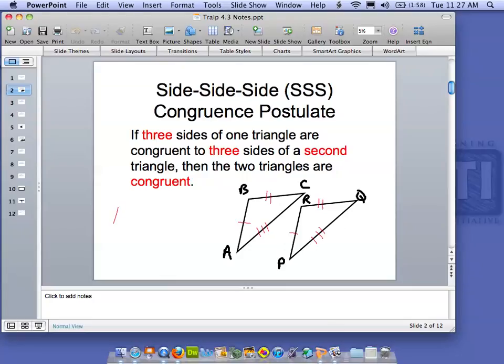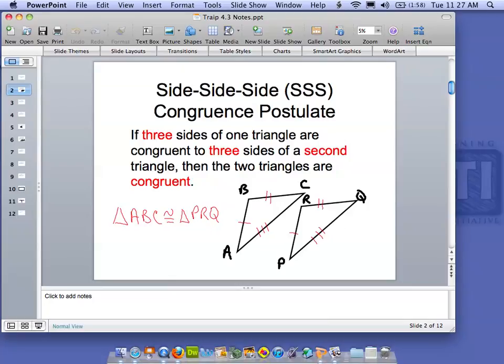And I would make a statement that triangle ABC is congruent to triangle PRQ. The order in which you make the statement is important.